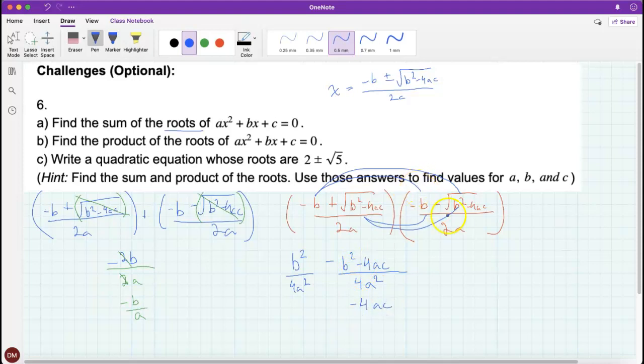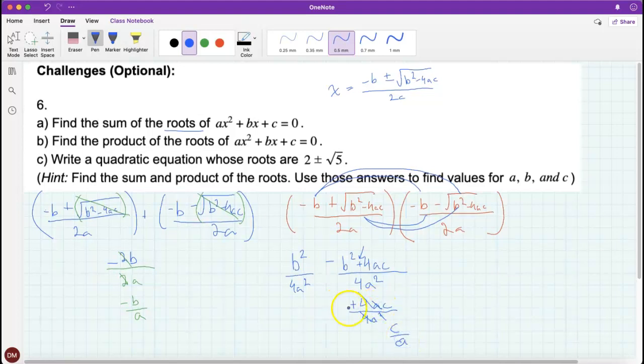Oh, but just a second, because this is minus a minus, so this is positive here. I forgot to change this to a positive. So this is now positive 4ac all over 4a squared, okay? So the 4's simplify, the a simplifies, the squared simplifies, so I'm just left with c over a.